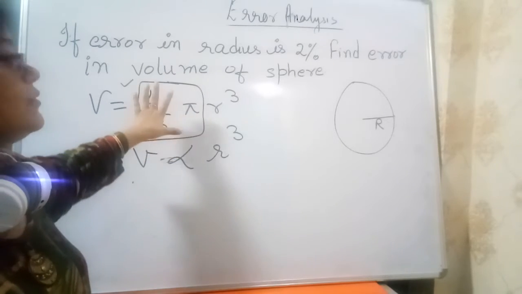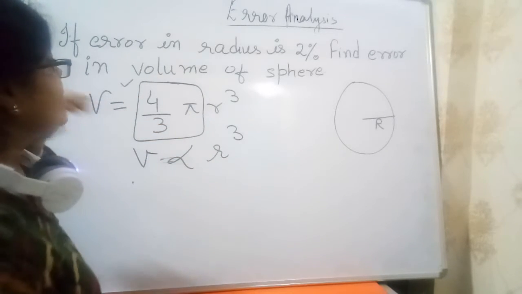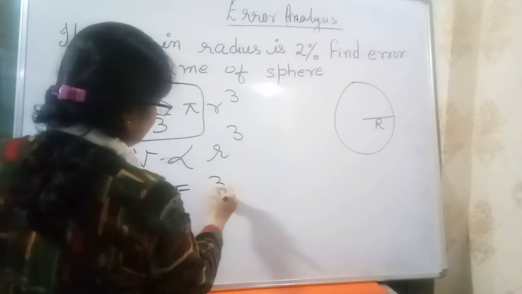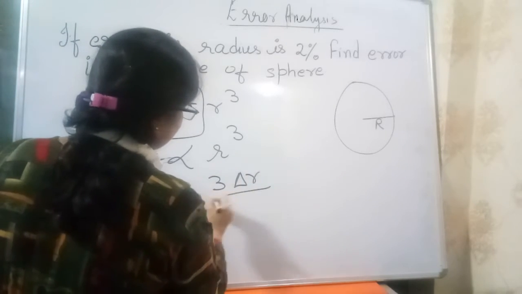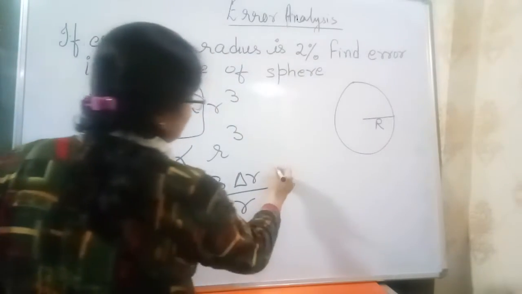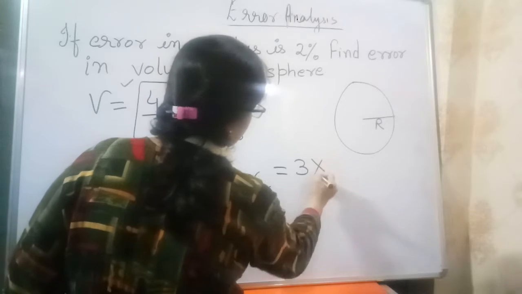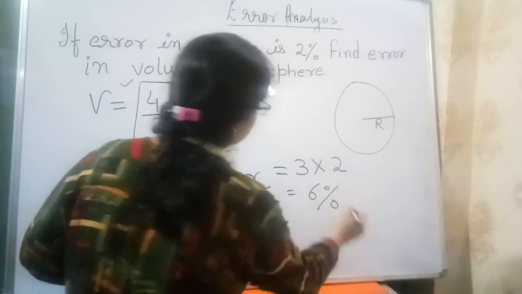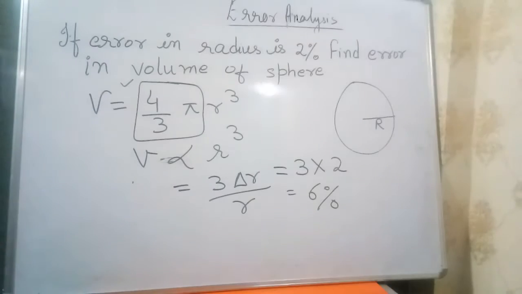There is no need to concentrate on these quantities when we do error analysis. That means we have 3 delta r over r. Now as it is given in the form of 2%, I just write 3 into 2, that is 6% error. Clear? Just note it down.